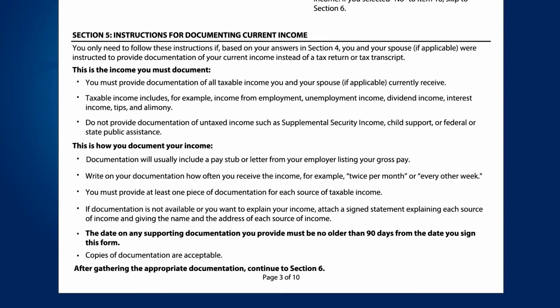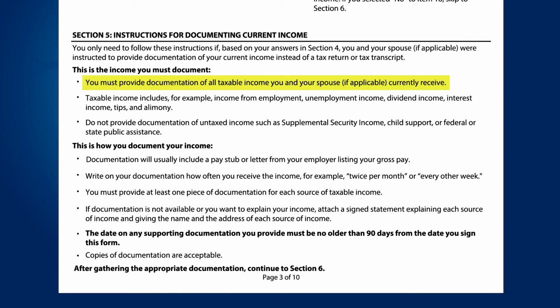Reminders. Let's go over a couple of quick reminders before we complete the application. Please note that your application cannot be processed without income documentation, so depending on how you answered the questions on the form, you may provide either your most recently filed federal income tax return, proof of your current income such as a current pay stub, or you may certify that you do not have any taxable income.